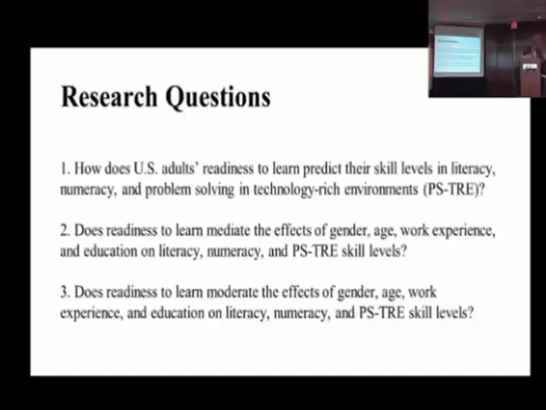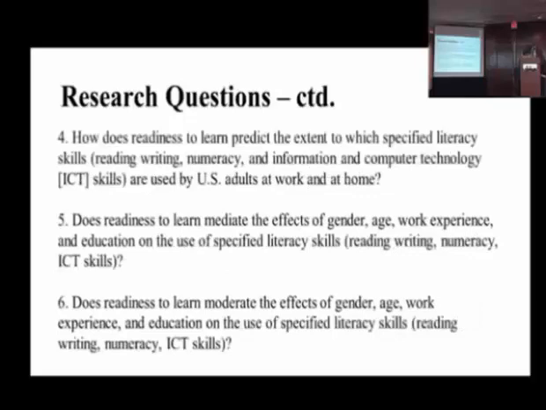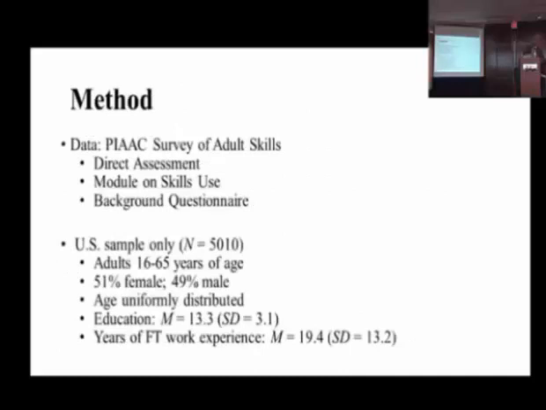And then the second set of questions pertains to skill uses. So just plug in skill uses for skills there. They're basically the same questions. I don't think I have to spend much time on our method. Our sample was the U.S. sample, so about 5,000 adults with population.